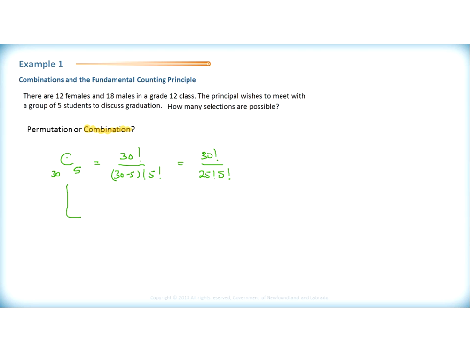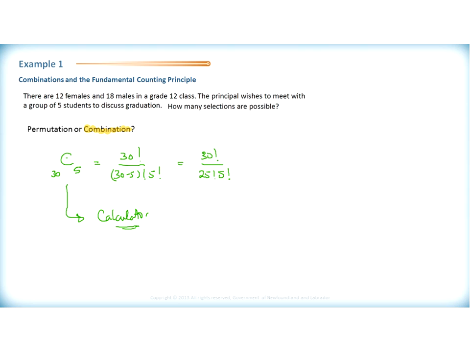And by the way, you should be able to do this on your calculator as well. I'm sure that this has already been explained to you, how to use your calculator. Most, not all students, but most students have a scientific calculator that has the C of n choose r on it. I, for example, have a TI-83.